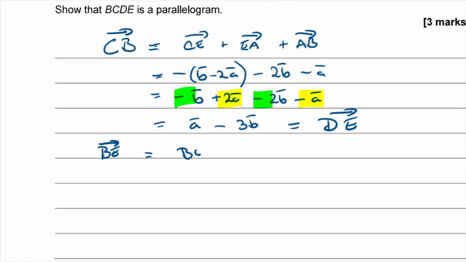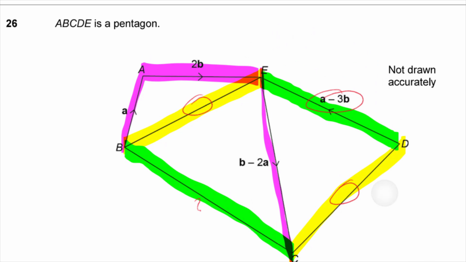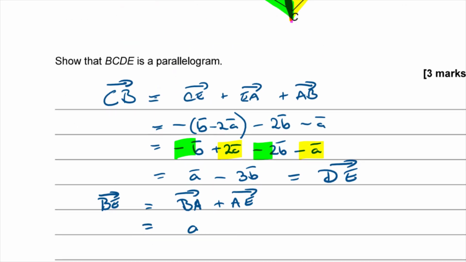B to A and then A to E, which is, this bit is a bit easier, isn't it? A plus 2B, so that one's already done.